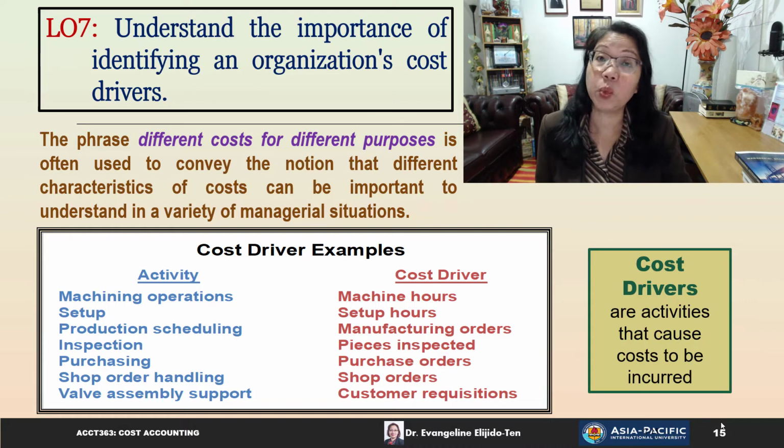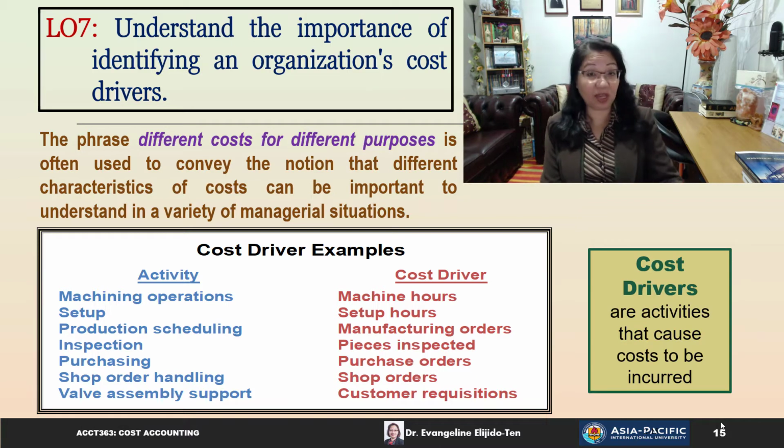What about in production scheduling activity? Well, the manufacturing orders could be the cost driver. As there are more manufacturing orders, there will be higher production scheduling costs. How about inspection? Well, the number of units that are being inspected could be the driver for the inspection cost.